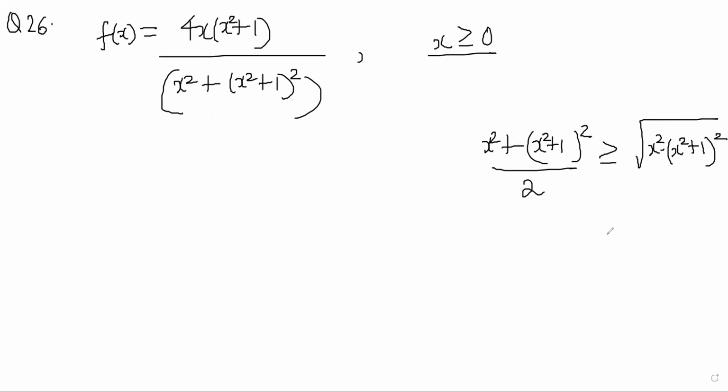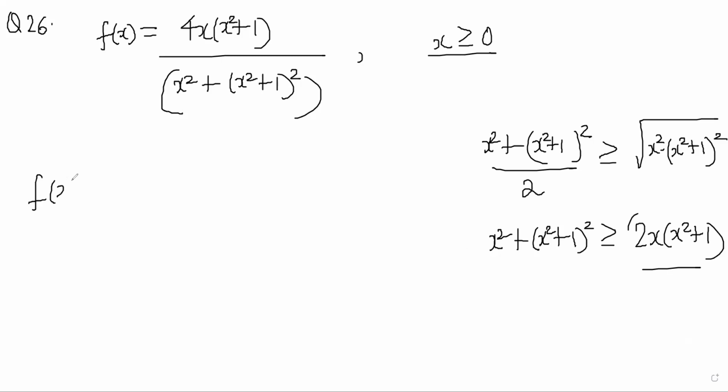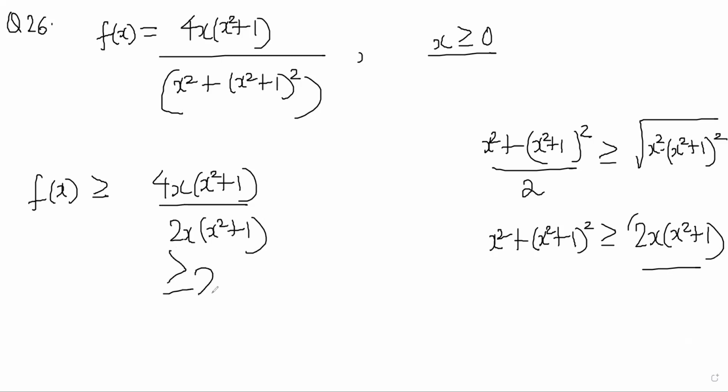So you're getting (x square plus 1) whole square is greater than or equal to 2x(x square plus 1). So 2x(x square plus 1) is lesser than this. So f(x) will be greater than 4x(x square plus 1) by 2x(x square plus 1), so greater than or equal to 2.